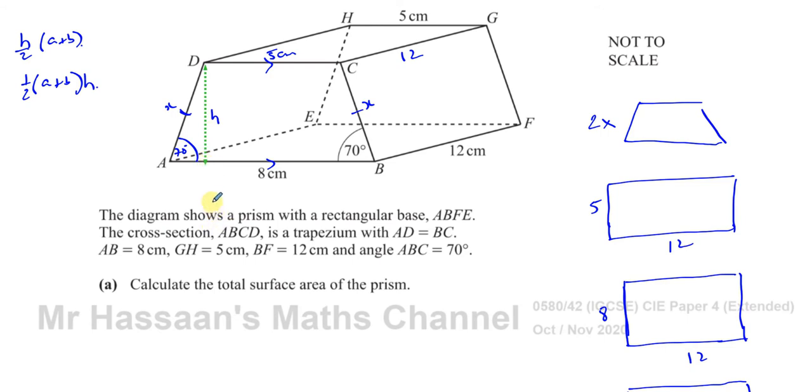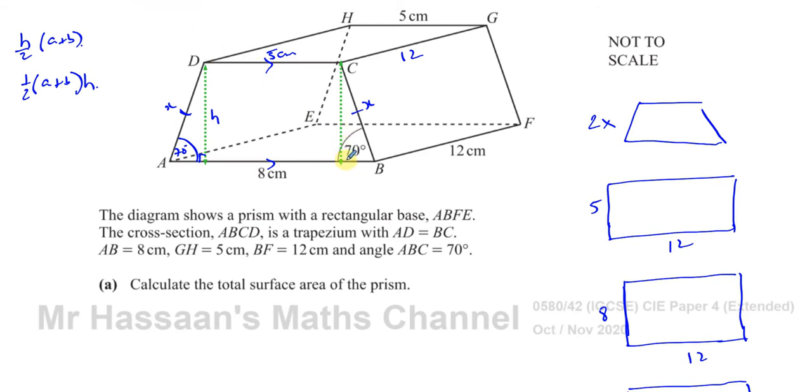Now, one of the things that we should realize is that here we don't have any lengths given to us explicitly. We don't know this length, we don't know that length, and we don't know this length here. However, if this is the vertical height, and this is an isosceles trapezium, then that's going to be the same vertical height on that side.